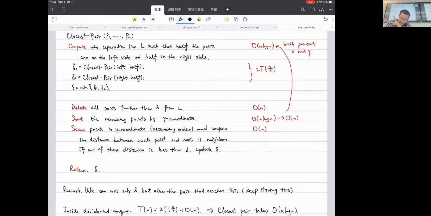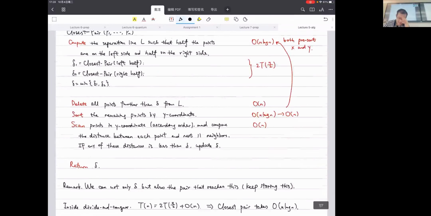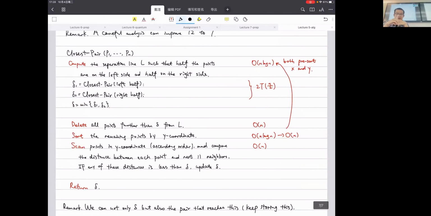But a very key argument here is this geometric argument: you clearly define what delta is, and you utilize the property of delta. In this, you don't need to check a lot of pairs. Based on this key observation, and also the observation that you can pre-sort, you get an algorithm whose cost is O(n log n).